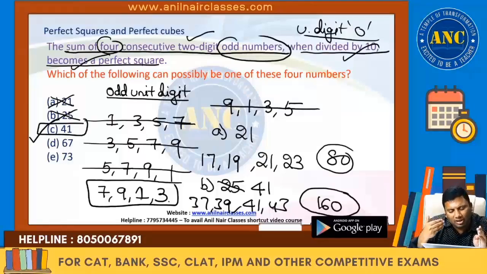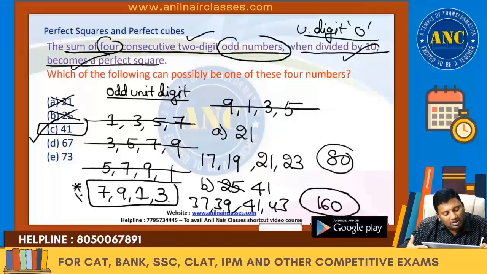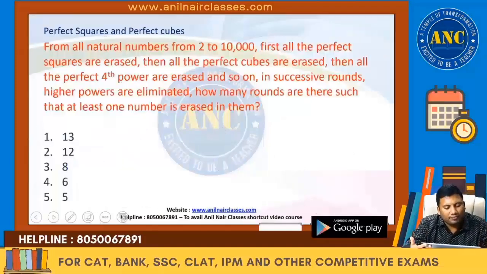It could be 1357, 3579, 5791, 7913, or 9135. Because it is divided by 10, the unit digit should be 0. Unit digit 0 is possible in only one case, that is 7913. Idea clear?